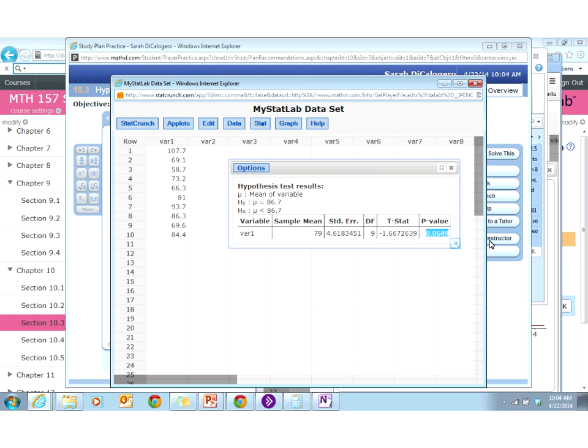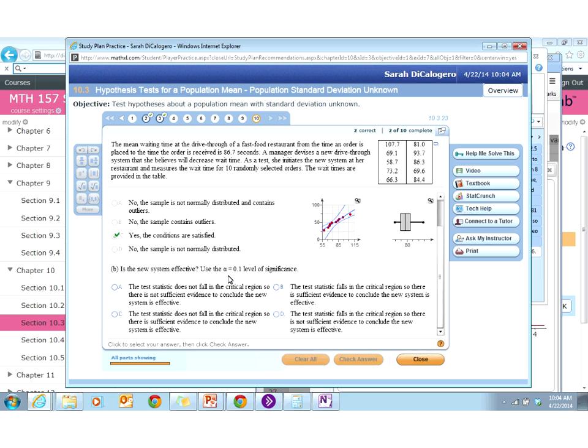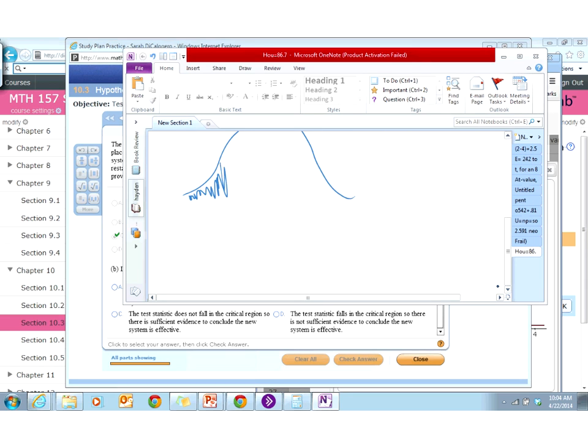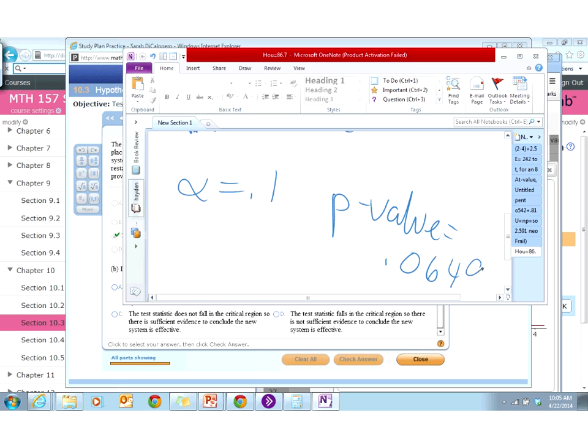Well, our p-value ends up being 0.0649. So let's see what they're asking us. All right, so at the alpha equals 0.1, our p-value is 0.0649.